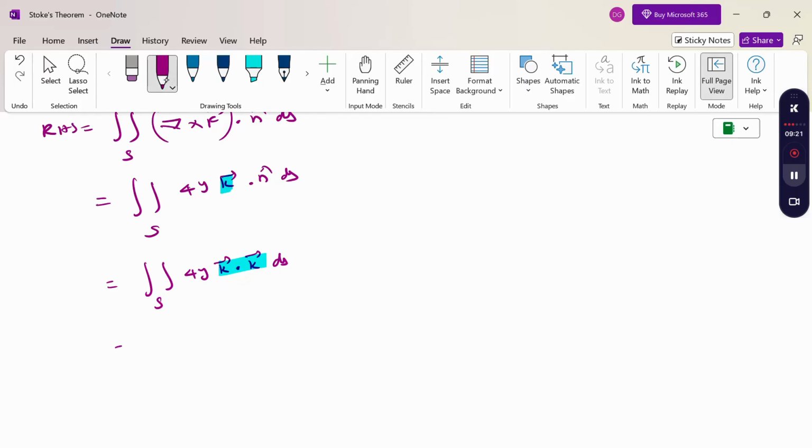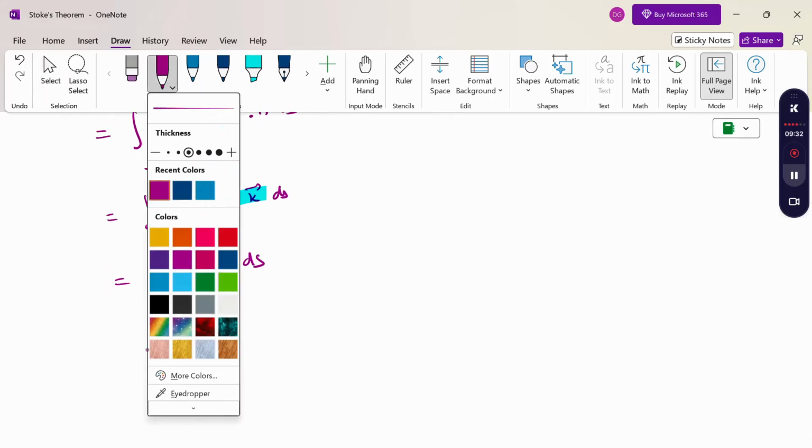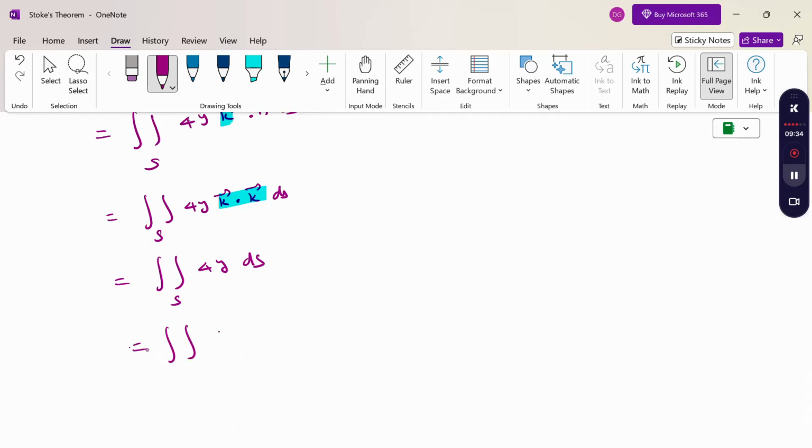Now what is the value? The double integration of 4y ds. The surface element ds can be written in the form of dx dy, so the double integration of 4y dy dx or dx dy. If I consider y as the function, then consider dy dx; if x is the function, then consider dx dy.